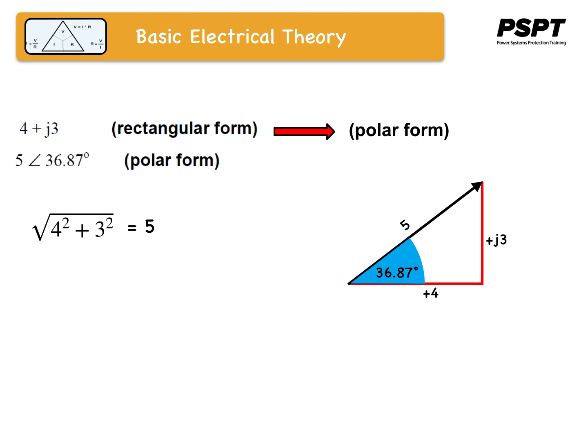So we know how to get the magnitude. The angle is just the arctangent of 3 over 4, which is equal to 36.87 degrees. So that is the method of going from rectangular form to polar form.